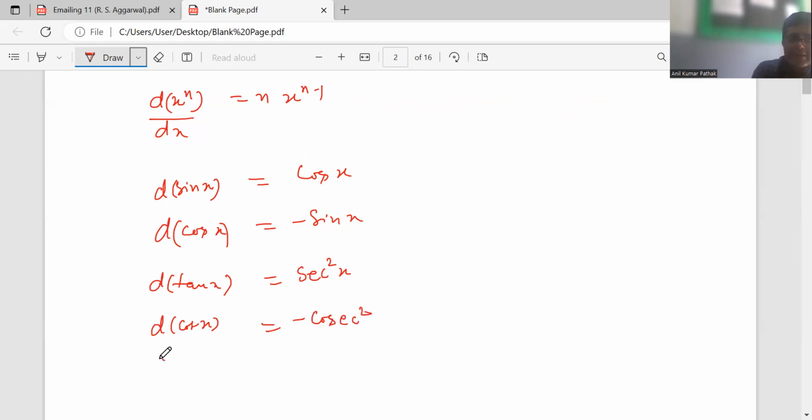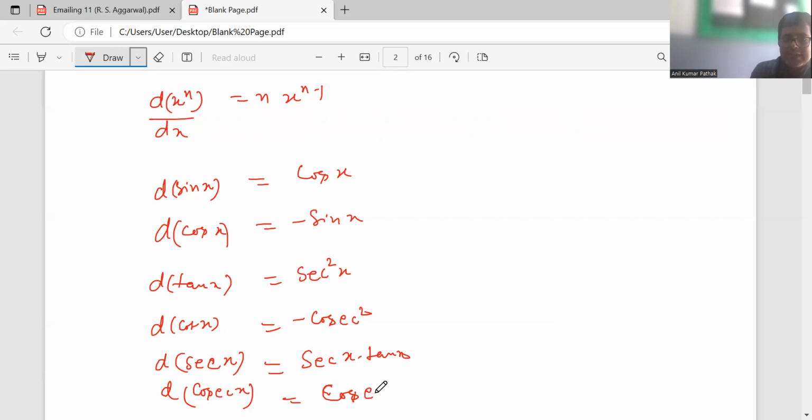If you find d sec x, then you will find it as sec x into tan x. If you take d cosec x, you will get cosec x into cot x, but it is negative.